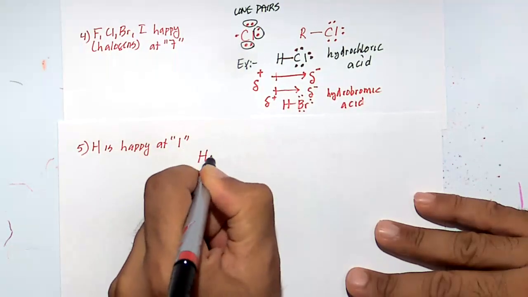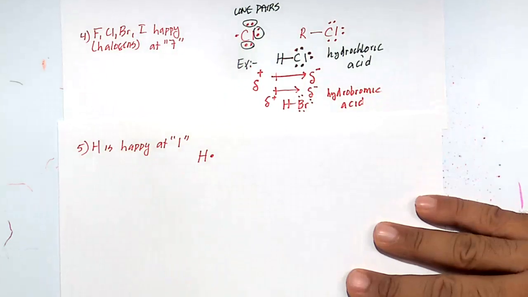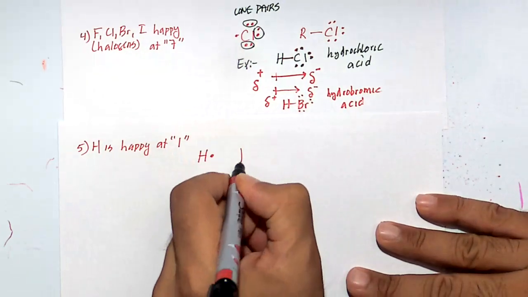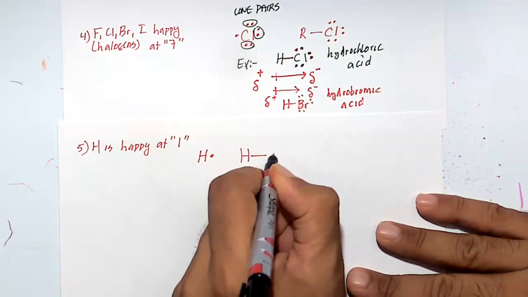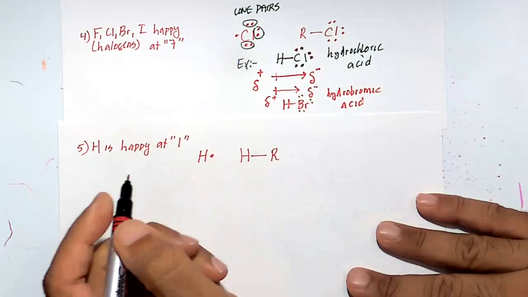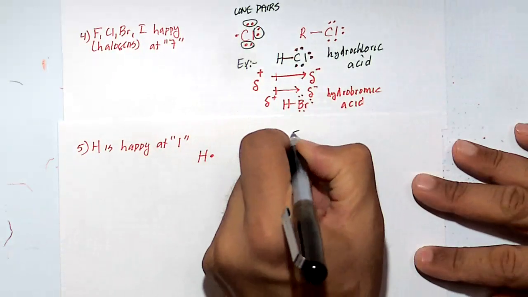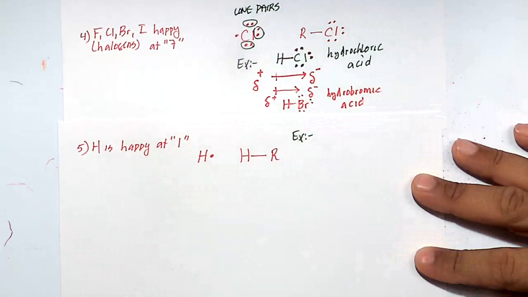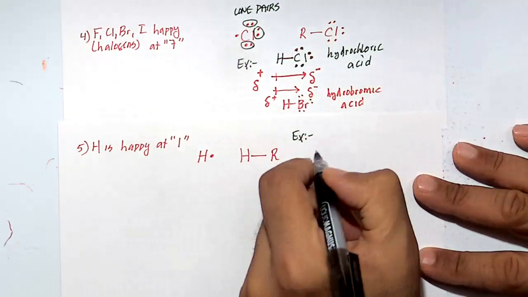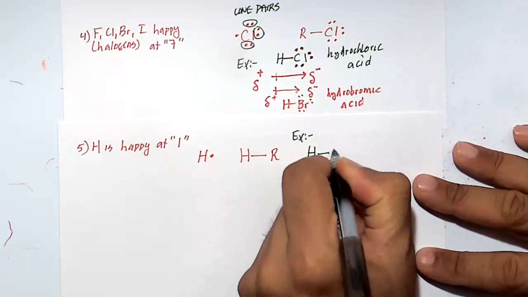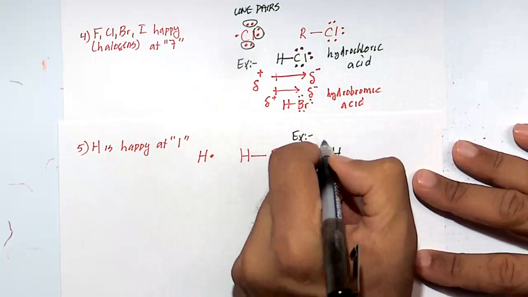So there's that one valence electron of hydrogen, and it's just going to form a bond with some substituent R. Again, we're not worrying about R, we're just worrying about the hydrogen. As an example, let's talk about H2 gas that's present in our atmosphere. Replacing the R with H, you have H2 gas.